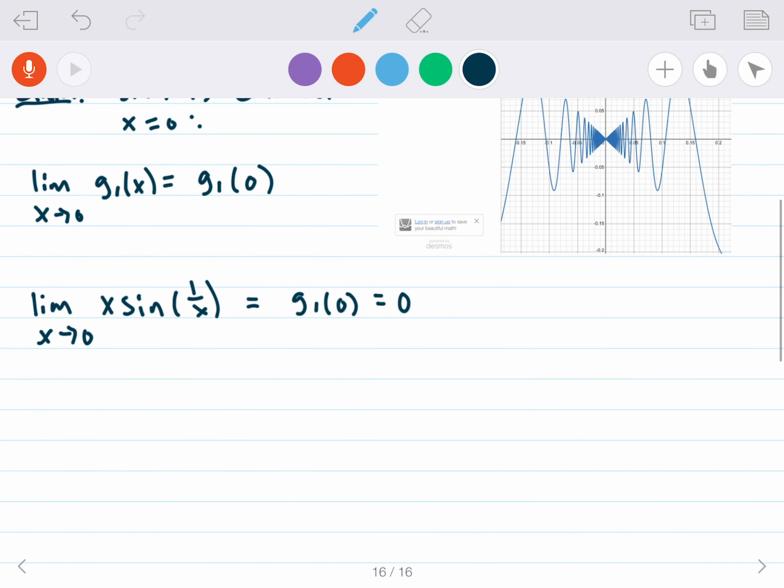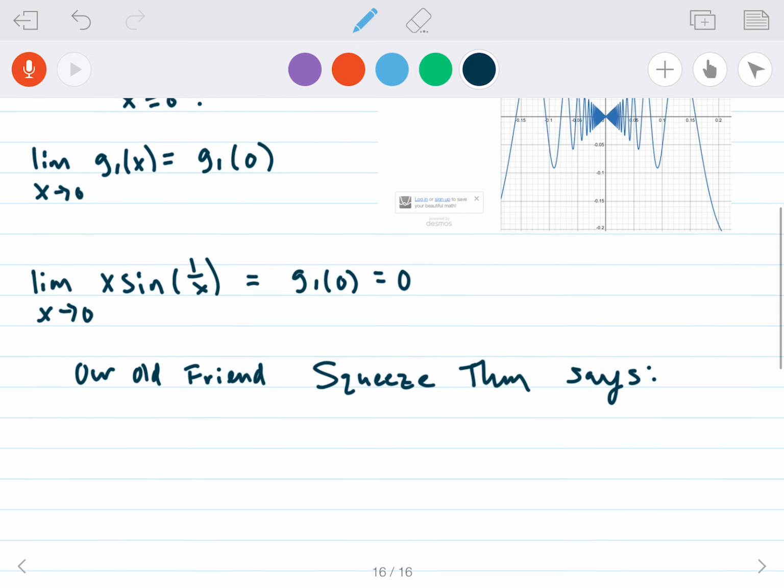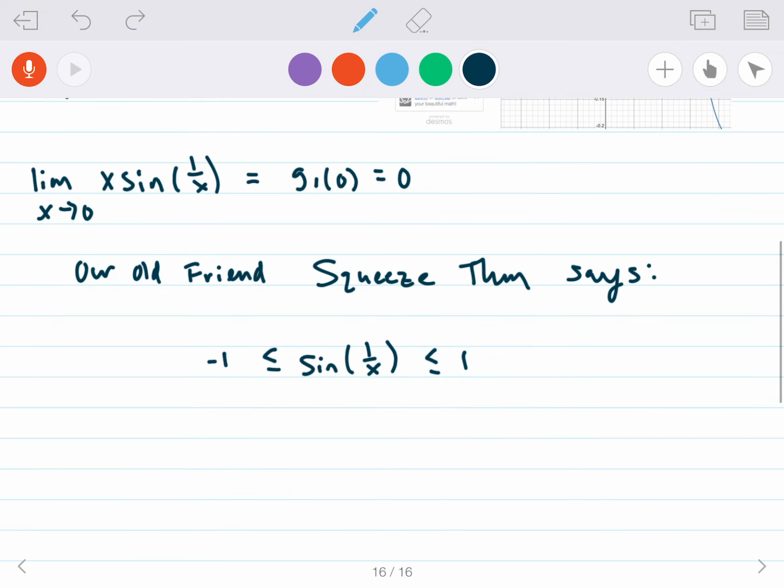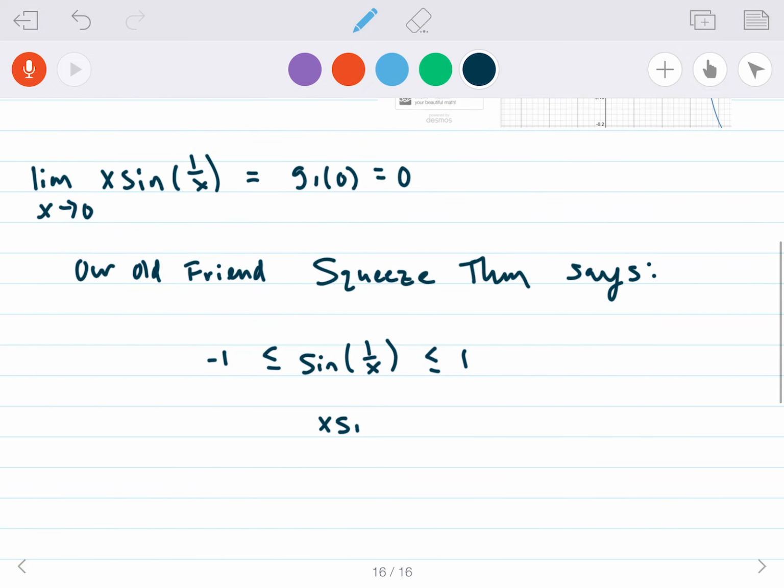So our old friend, squeeze theorem, says, okay, I know that sine of any angle is going to lie between -1 and 1, right? And so if I multiply that middle guy by x, that tells me that x sine of 1 over x is going to be between x and -x.